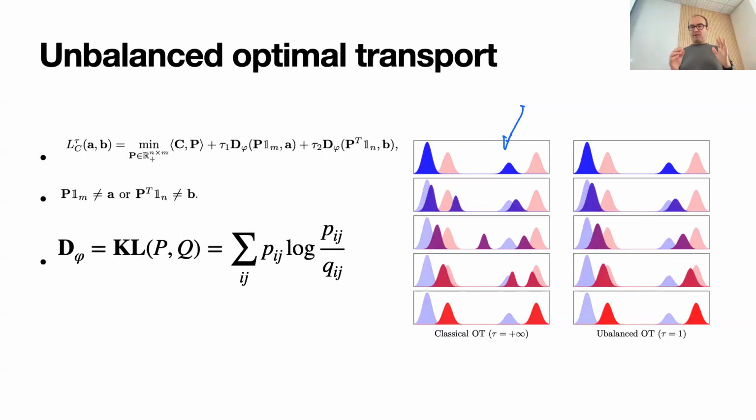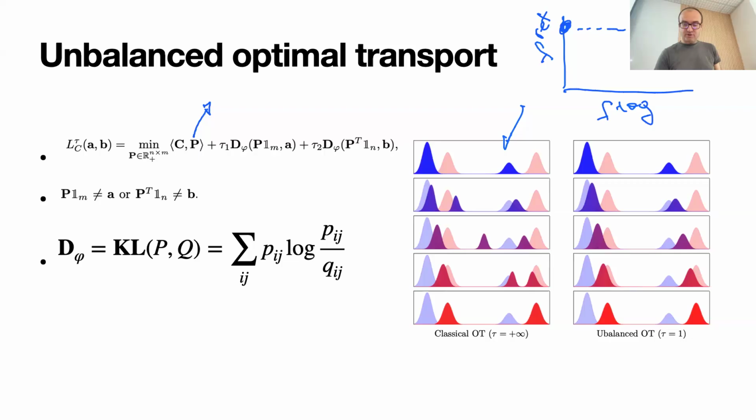So the problem is the following. We have to find a matrix P. We have the frequencies of the reference DRT and the frequencies of the target DRT. This matrix P will tell us how the mass at this frequency is distributed to all other frequencies.